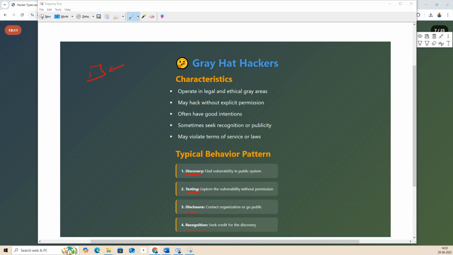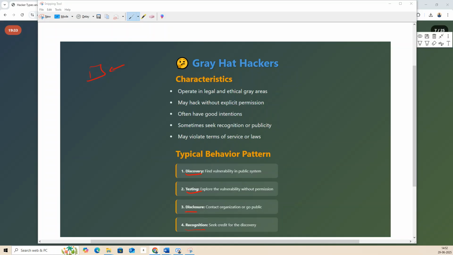Some gray hat hackers have faced prosecution despite claiming they were trying to help. Others have been hired by the organizations they hacked because their skills were impressive. It's a risky path that can lead to either a criminal record or loss of career in cybersecurity.